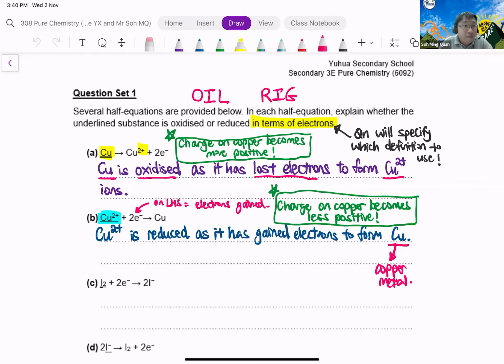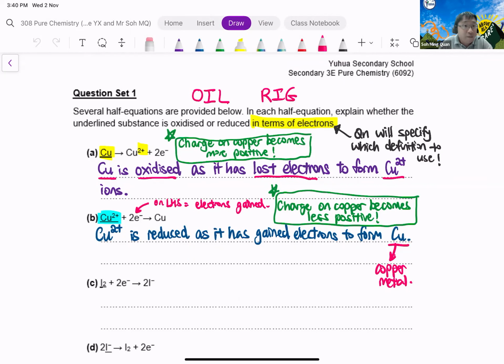Question set 2 is not half equations, it's ionic equations, right? You can see that there are ions there, like Ag+ and Cu2+. How can you tell from an ionic equation if something lost electrons or gained electrons? Well, the charge says a lot. If it goes from Ag+ to Ag, it becomes less positive, right?